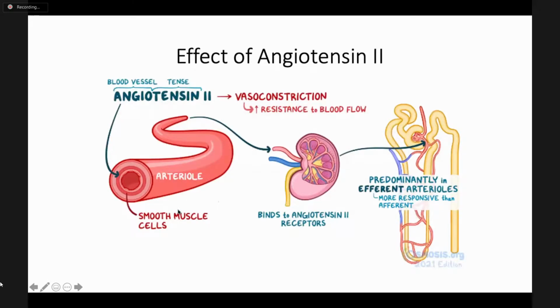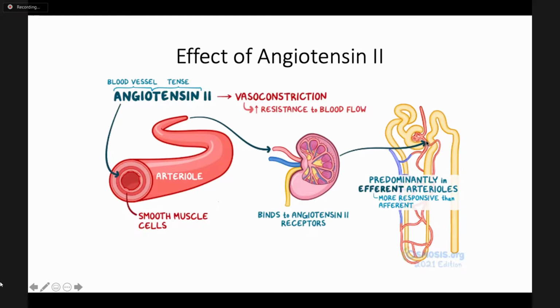Okay, so as you all know, angiotensin 2 is a very potent vasoconstrictor. It affects almost all peripheral smooth muscle in the arterioles. But in the kidney, it is predominantly in the efferent arteriole. You have the afferent, you have the efferent, kan.